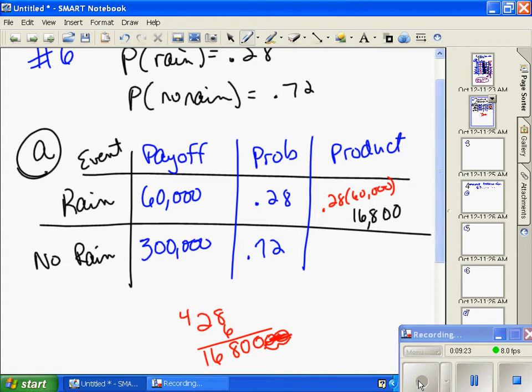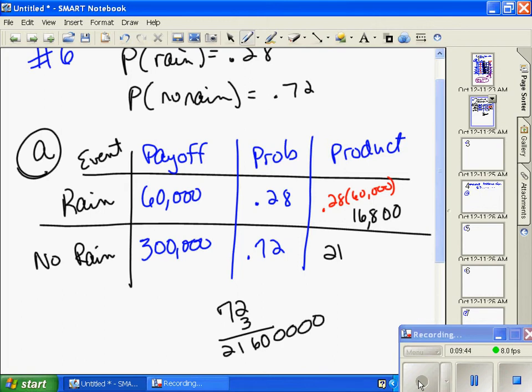So practice doing this without a calculator, because on your test you're not going to have a calculator, and you should be able to multiply these numbers out. This next one I'm just going to worry about taking 72 times 3. So when I do that, I get 216. And then 1, 2, 3, 4, 5 zeros.